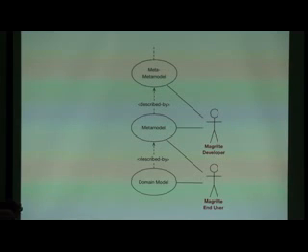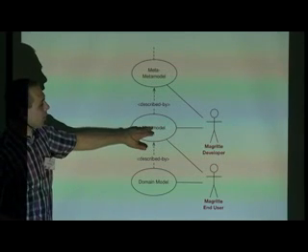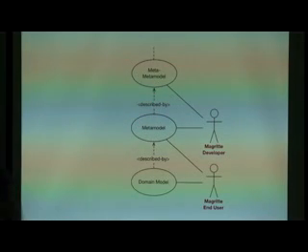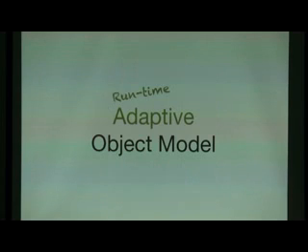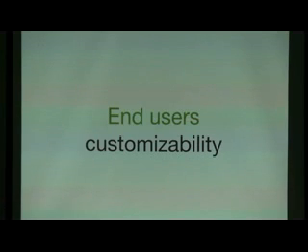So, because this meta model is described by a meta model, which is again Marguerite, I can automatically provide an editor that allows me to edit the meta model. And I'm quickly going to show you that. So we end up with a runtime additive object model. That means an object model that can change because the end user can change the meta model. And we gain end user customizability.